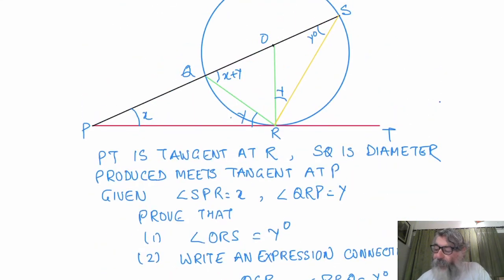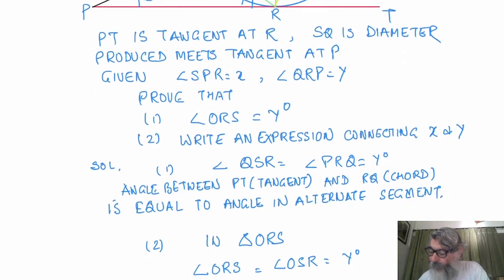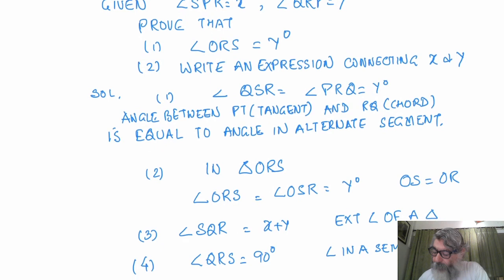So I have got angle Q as x plus y, angle S as y, and angle R as 90. Now I will add up all three angles and the sum should come out to be 180. x plus y plus y plus 90 should be equal to 180 degrees.